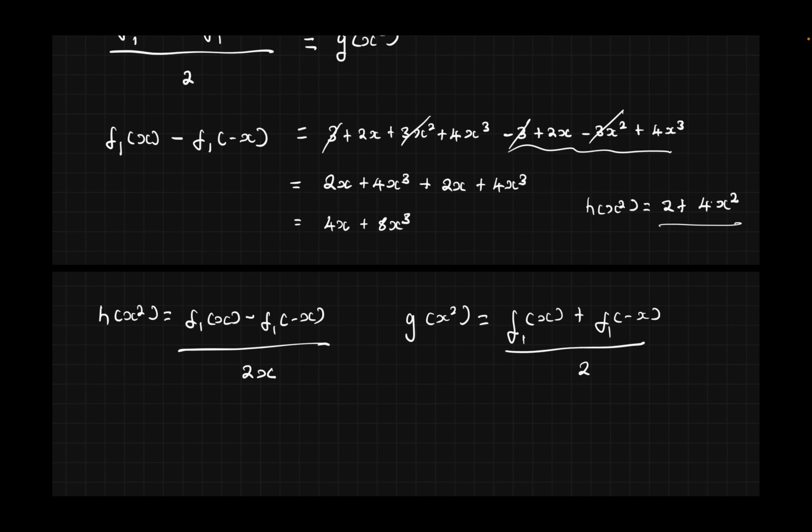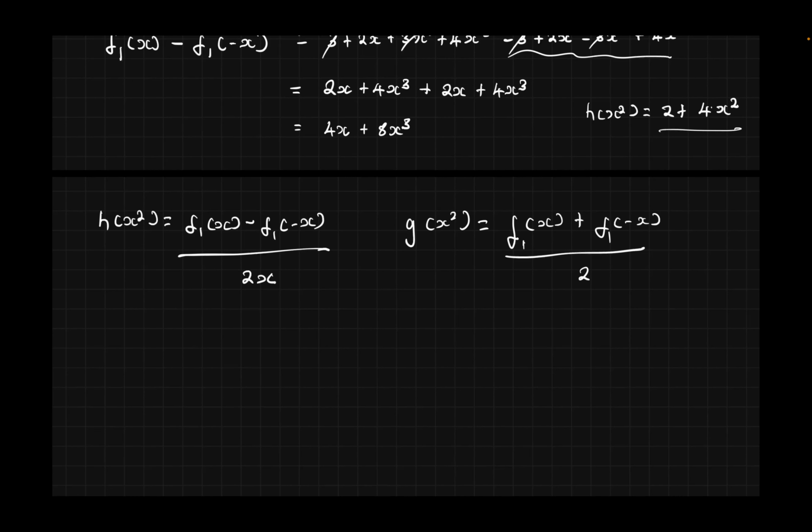Both should work, right? So our f2 of x was basically equal to g of x plus R times h of x.